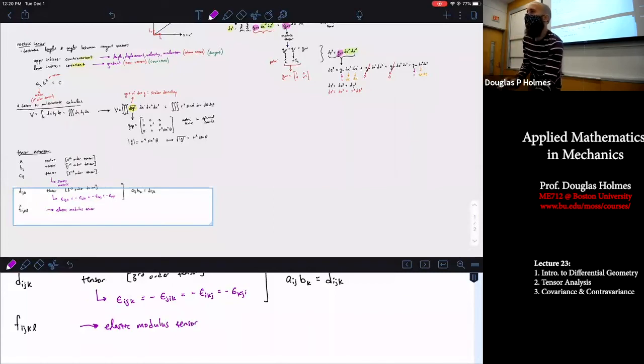If you've taken any elasticity, you might remember that you see stuff like stress_ij is equal to strain_kl, and there needs to be some sort of a C_ijkl here. So the kl will contract, you'll be left with an ij on the left-hand side, and you end up with something that looks like this quantity here.